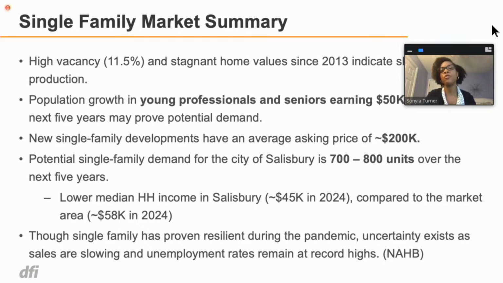Our COVID consideration is that single family has proven resilient during the pandemic. However, uncertainty still exists as sales are starting to slow and unemployment rates are still pretty high. So again, we're in this interesting time where we're still waiting to see how the pandemic will impact these various sectors, but this is the data that we are seeing right now.